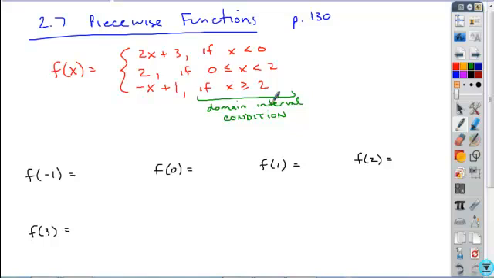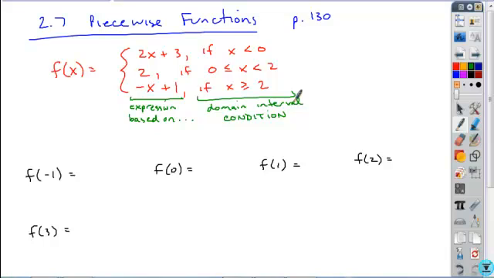These will be conditional functions, okay, based on which interval that you use, and then you're going to evaluate it into the designated expression. And the expression you use is based on the domain interval or the condition that's applied.